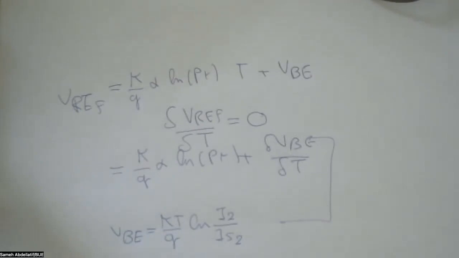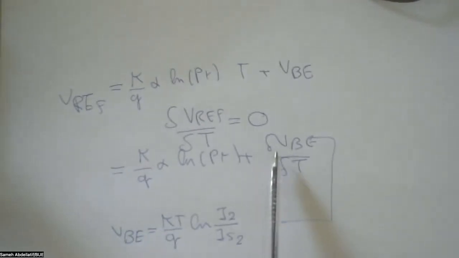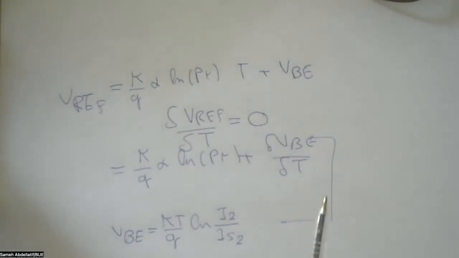It's a function directly of temperature, and of the current and the saturation current, which are indirect functions of temperature and so on. So from one side, we can say that this variation, partial VBE with respect to T, is an uncontrollable parameter, but definitely it is a measurable parameter. You can measure it in the lab. Simply, you can put the circuit, change the temperature, and observe the VBE and so on.